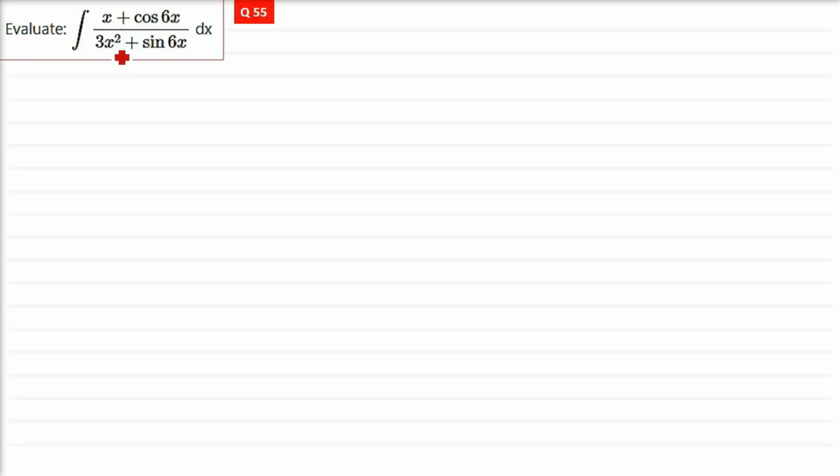At first glance, this question seems to be complicated, but it's not. Why? Just take the denominator and differentiate it. Are you going to get something related to the numerator? Let's see. We have 3x square plus sine 6x, which we have taken as t.